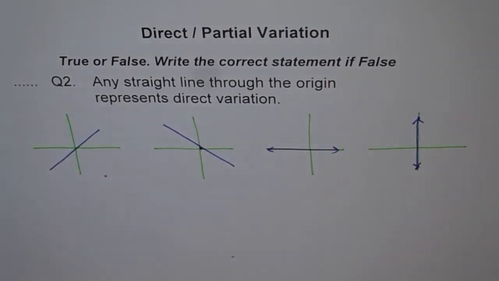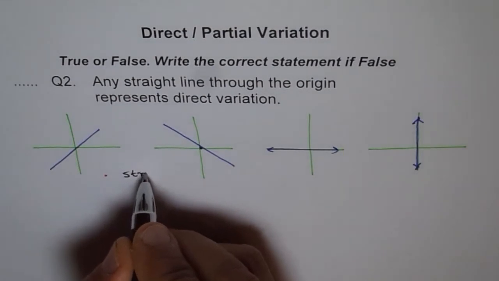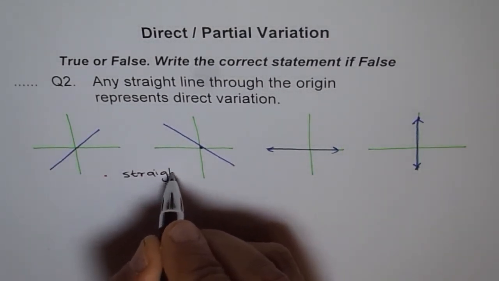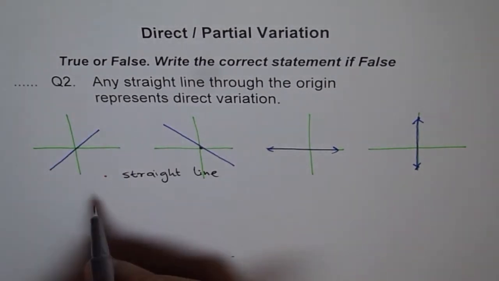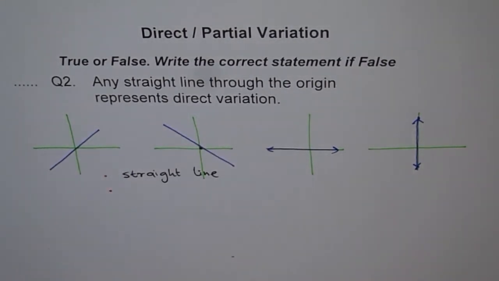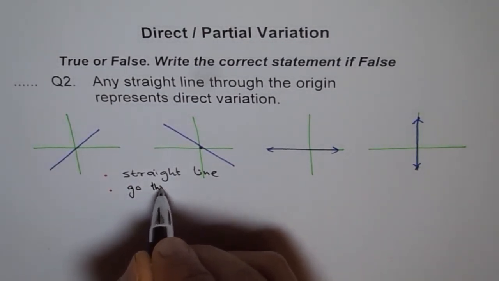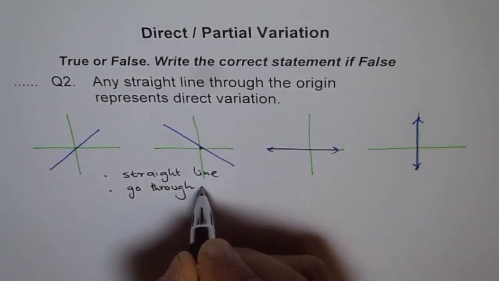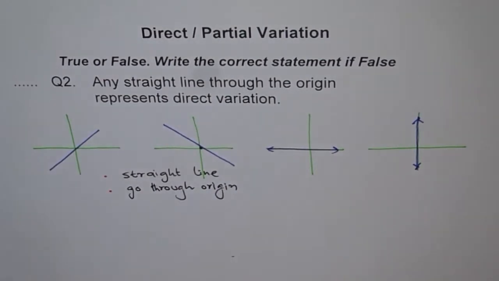First, straight line. And second, which go through origin. Right, both the conditions are met here.